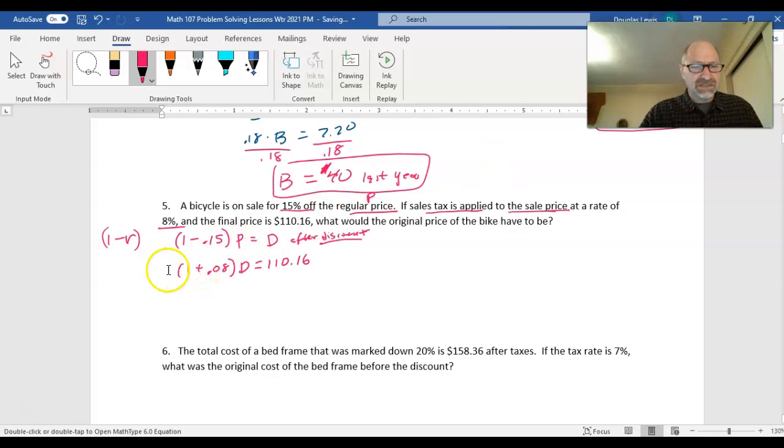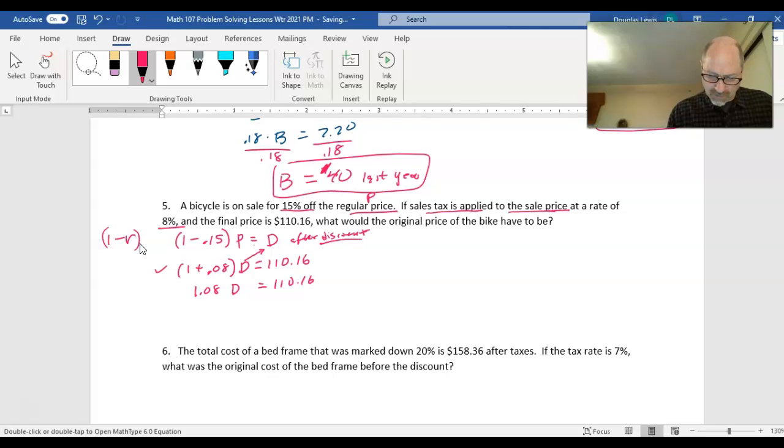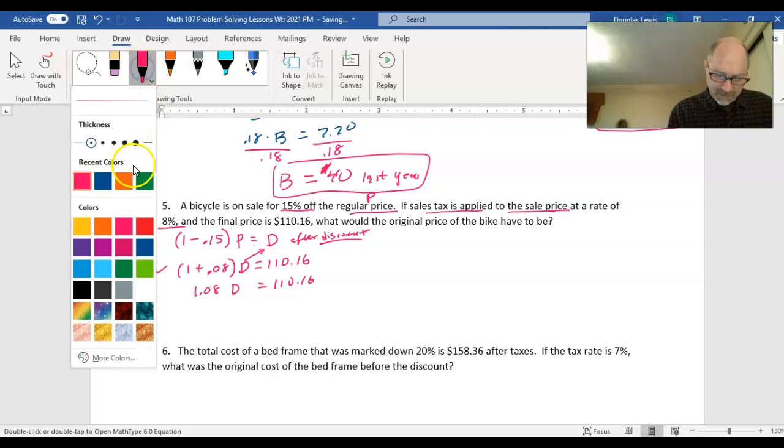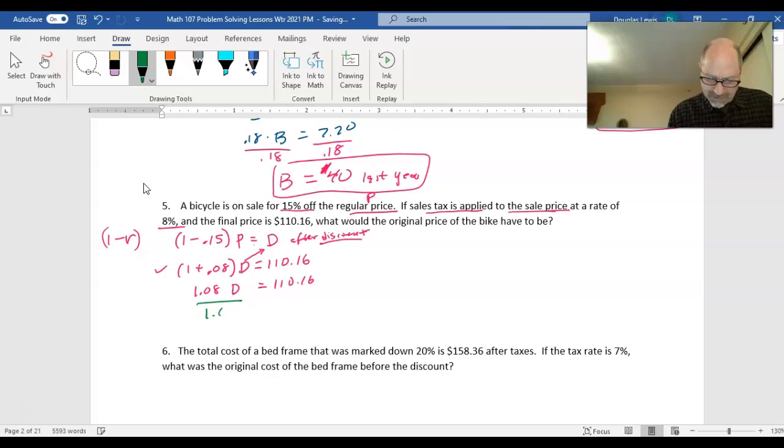Well, if you notice, this second equation gives us enough information to find D. And once we find D, we can plug it into this equation and then find P. So this equation becomes 1.08 times D, right? Just add the 1 and 0.08, and then divide both sides by 1.08.